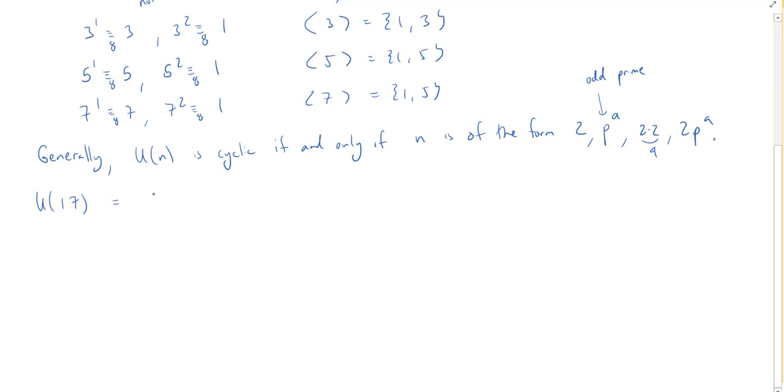So remember, this is Z mod 17Z, and you're going to take the unit group. Now, because 17 is prime, Z mod 17Z is a field. So this forms a field since 17 is prime.